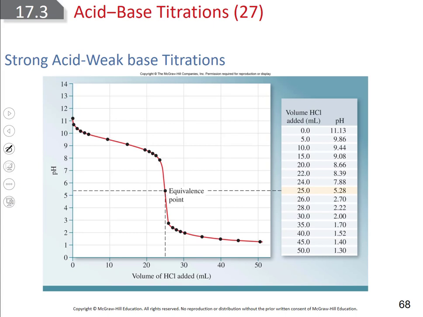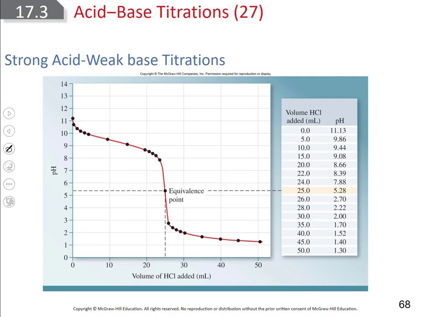Now, a strong acid, weak base titration. At the equivalence point, what will we expect the pH to be? Acidic, basic, or neutral if we have a strong acid and a weak base? Acidic, yes. So here's an example of a titration curve made from 0.1 molar hydrochloric acid being titrated into, so the acid now is what's in the burette, being titrated into 0.1 molar of ammonia, NH3, which is a weak base.